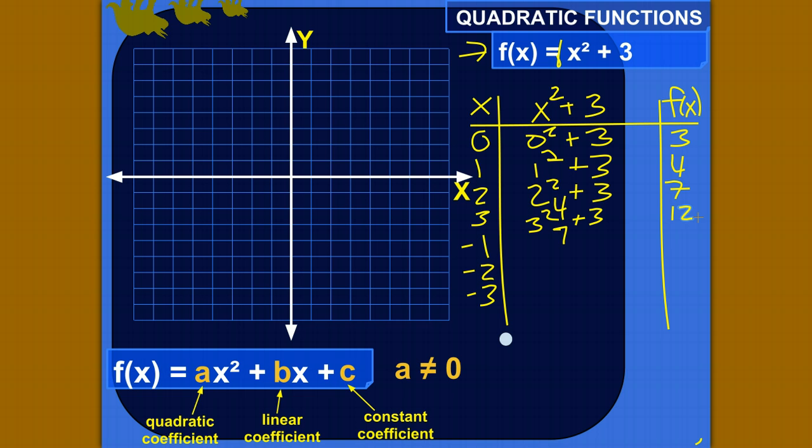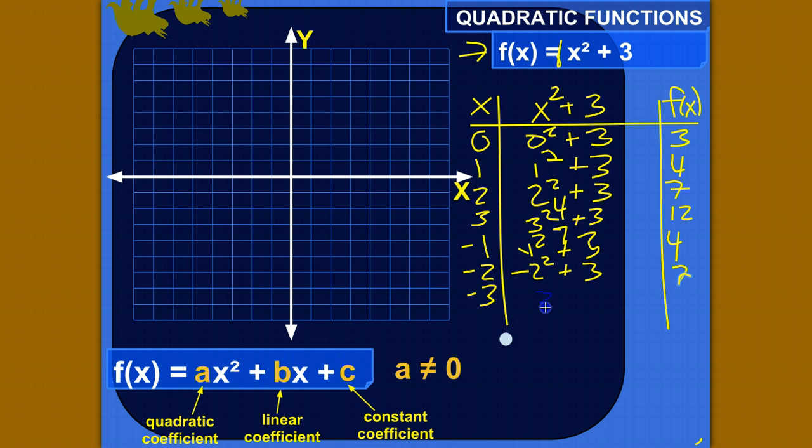Okay, and then -1. -1 squared plus 3. -1 times -1 is 1. Plus 3 is 4. -2 squared is 4, and then plus 3 would be 7.